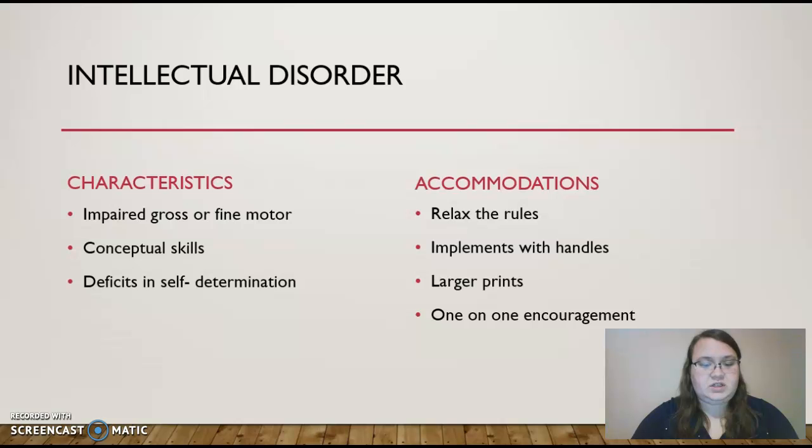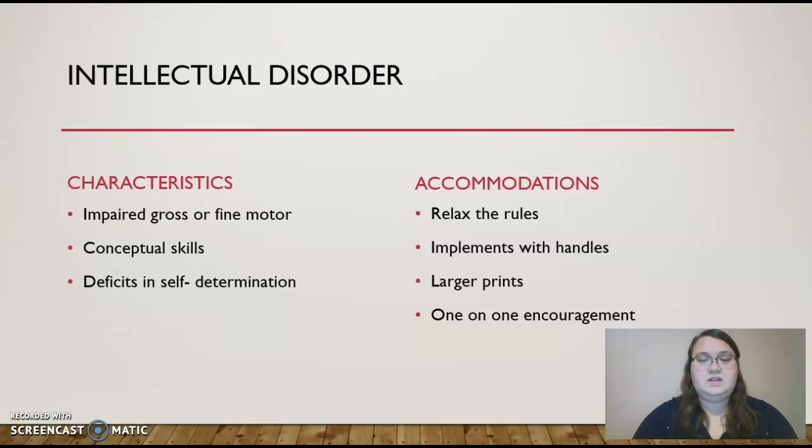Large print instructions, printed handouts, or large posters that you can put up on the wall will also help them. They'll be able to reference them throughout the lessons. Oral prompting and visual prompting along with modeling is a very effective way to help these children with intellectual disorders learn the skills that you're doing in that lesson.